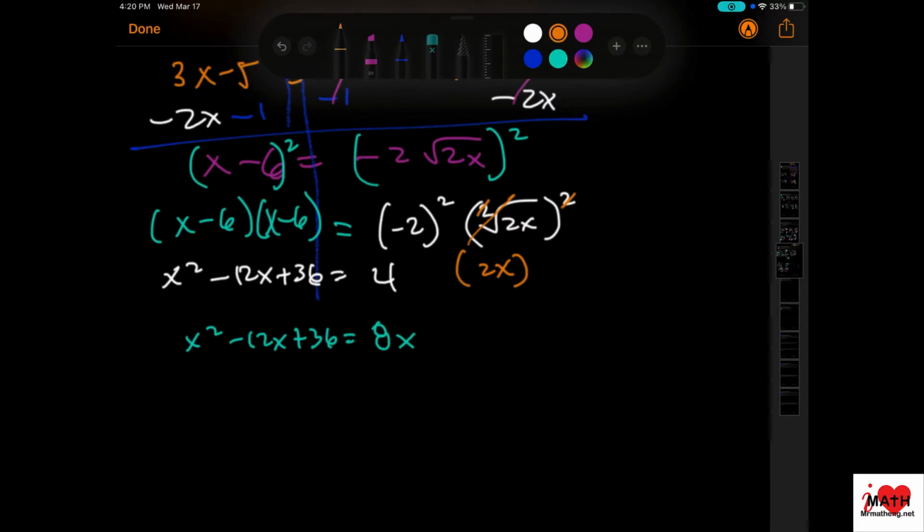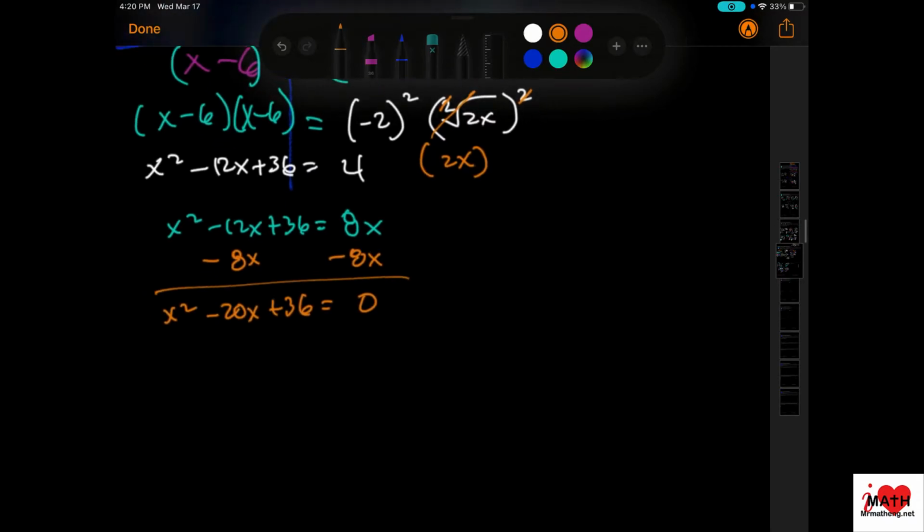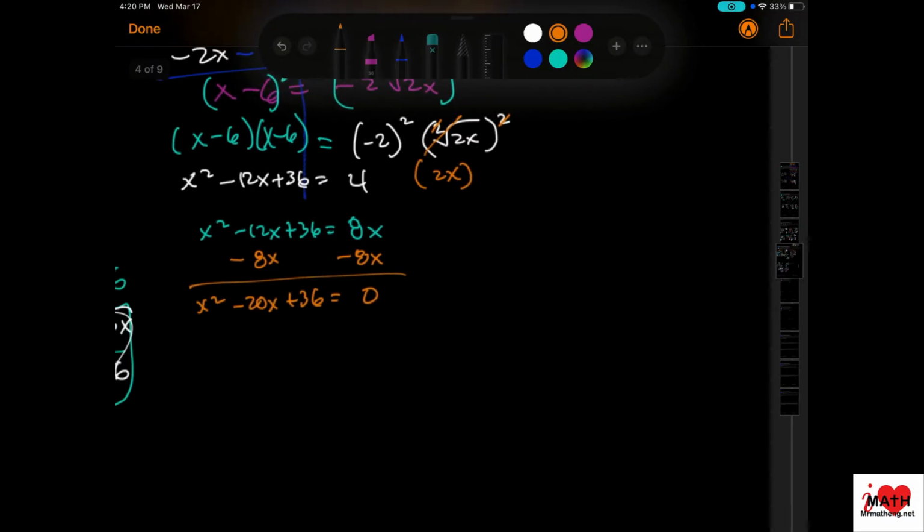And then if I just move that over, you'll get x squared minus 20x plus 36 equals 0. Okay. From here, I'm going to see if we can factor this. A times C is 36. B value is negative 20.